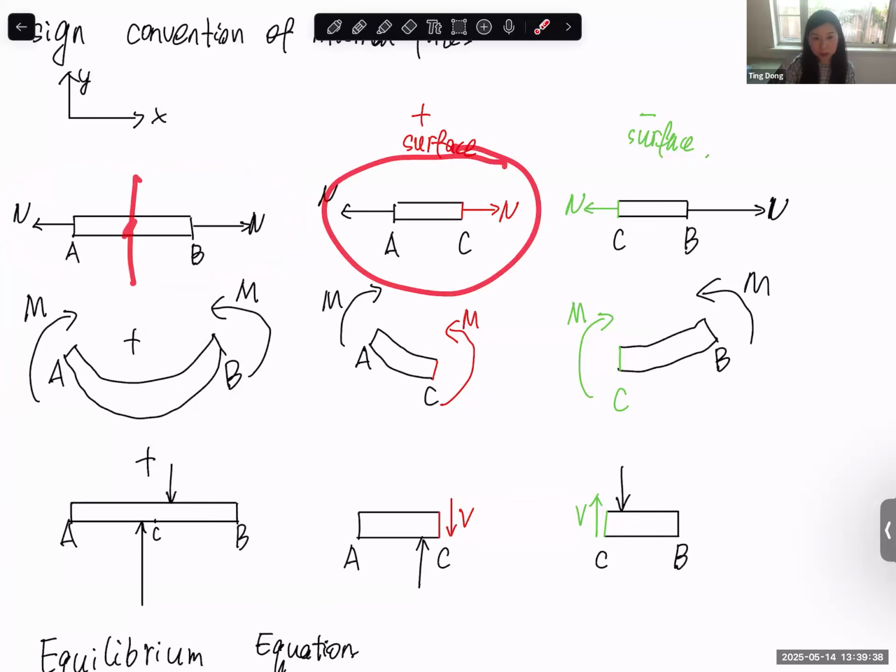For this cutting section, the left side, the AC part, this should be the internal force at point C. And for the CB section, this should be the internal force at point C on the negative surface.